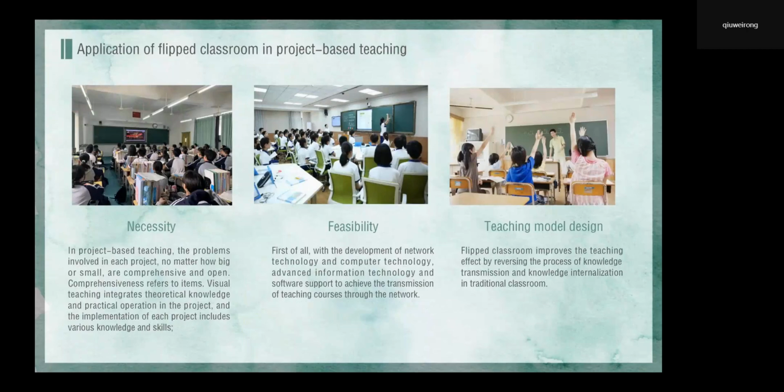For the more abstract and difficult to understand or describe knowledge points, you can consider the use of two-dimensional or three-dimensional animation technology to give a concrete image display for the scene of work that is not easy to imitate in project-based teaching.